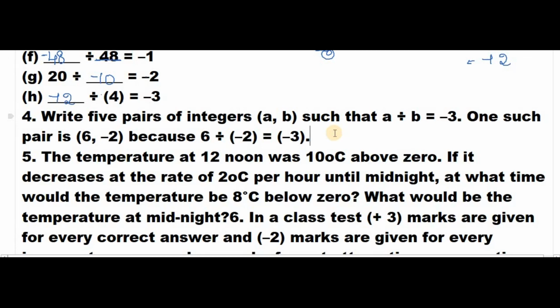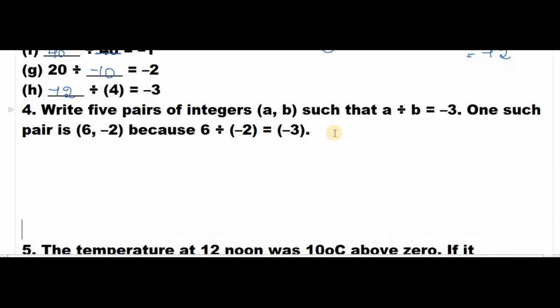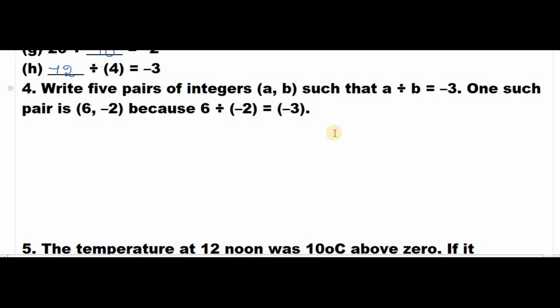That will come when you find factors of 3, right? So what are the factors of 3 we will see, and that too in division it should come. 1 3 is 3. Okay, not factors, this one should give us minus 3.